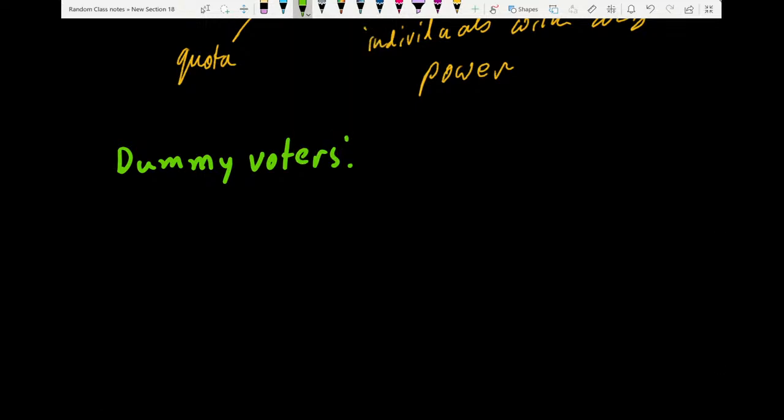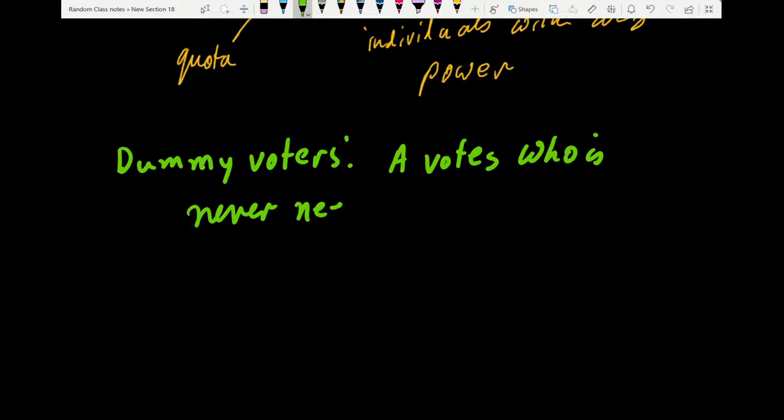A dummy voter is a voter who is never needed to reach the quota.